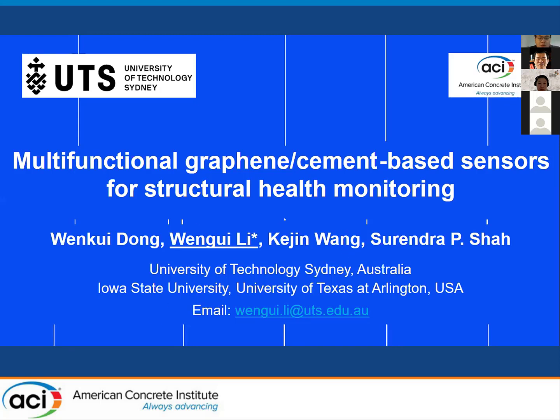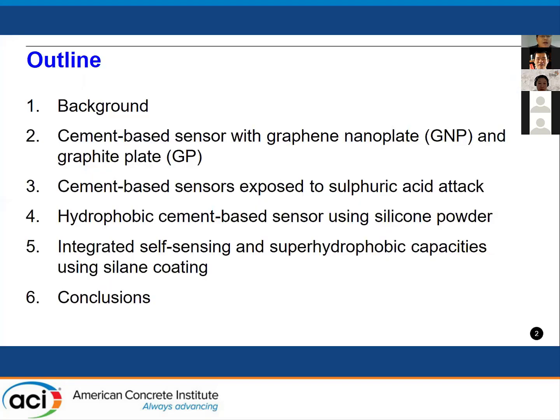Today, on behalf of this team, I would like to talk about multifunctional graphene cement-based sensors for structural health monitoring. This is the outline. I will talk about cement-based sensors using graphene nanoplates, also called GNP, and graphite plates, GP.